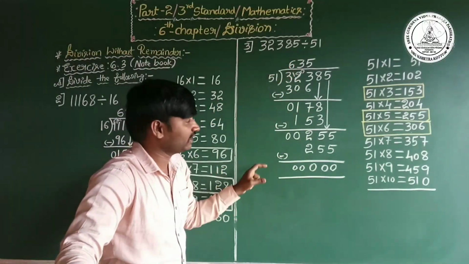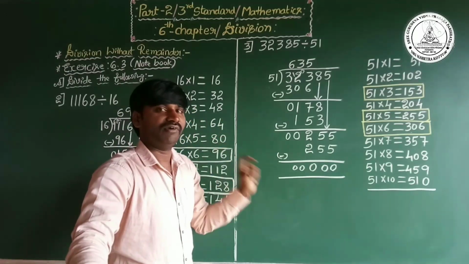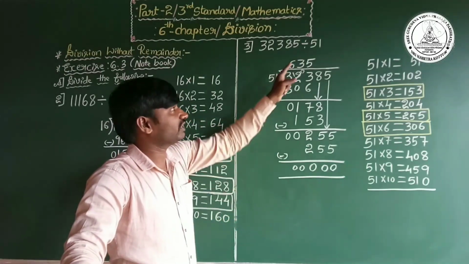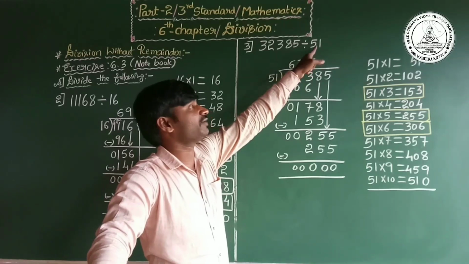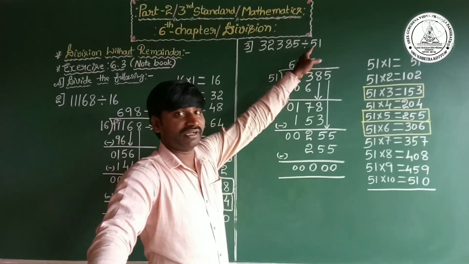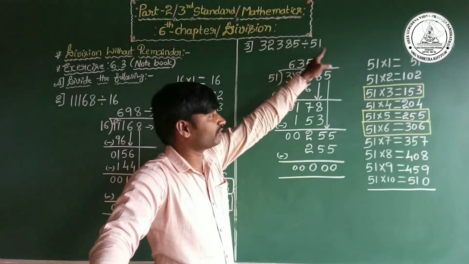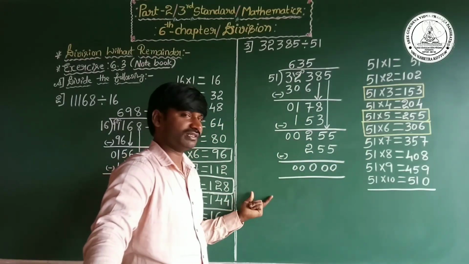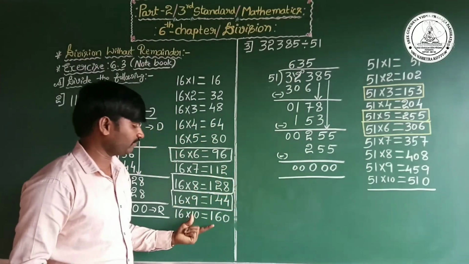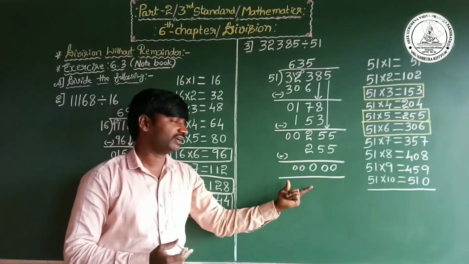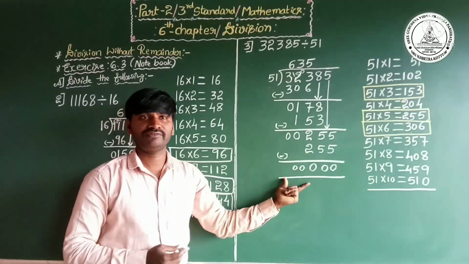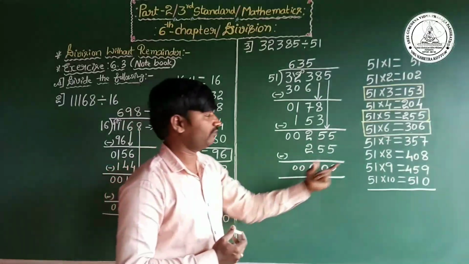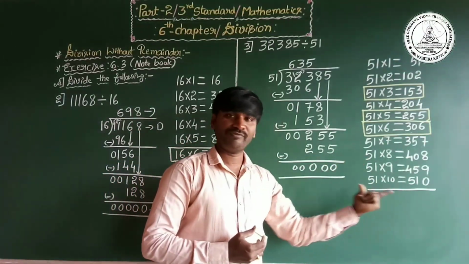Yes, in this slide you divide the values. Even if given 2 digits or 3 digits in the divisor, we write the tables first. You know very well the tables up to 20, but you write the tables, that is helpful to divide the number. We take help of the 51 tables.